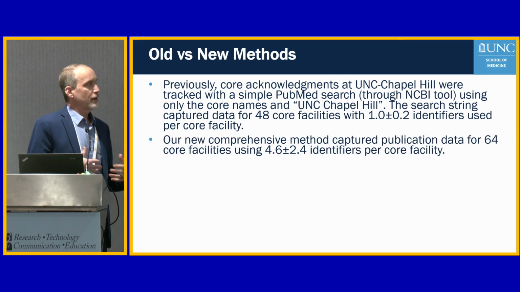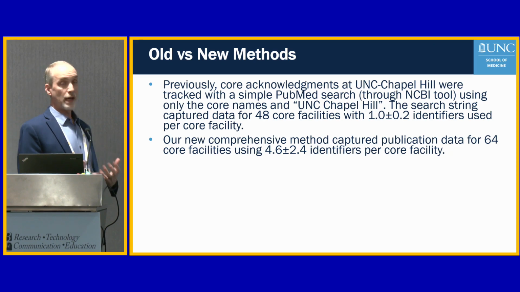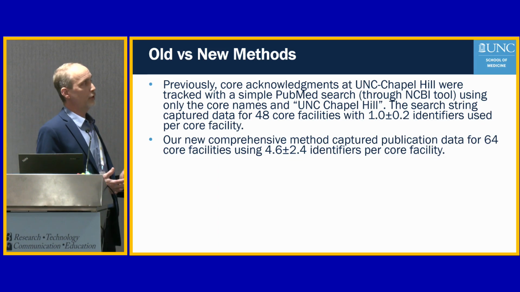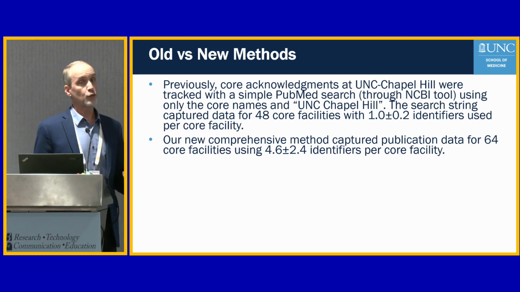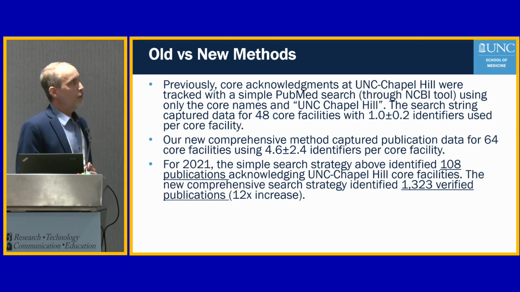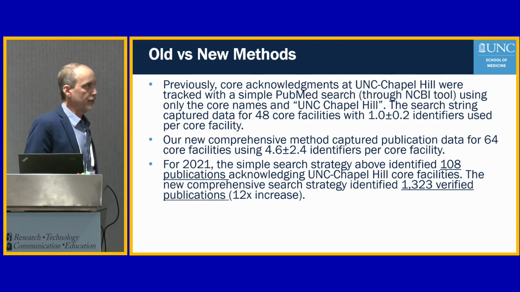And so we started a new comprehensive method to use way more identifiers per core. And you can see here, for 64 different cores, when we started this work 2.5 years ago, we had actually 4.6 plus 2.4 identifiers per core facility. That's way more robust than one, right? Just the name of the core. And so in 2021, we just looked at the old method versus the new method.